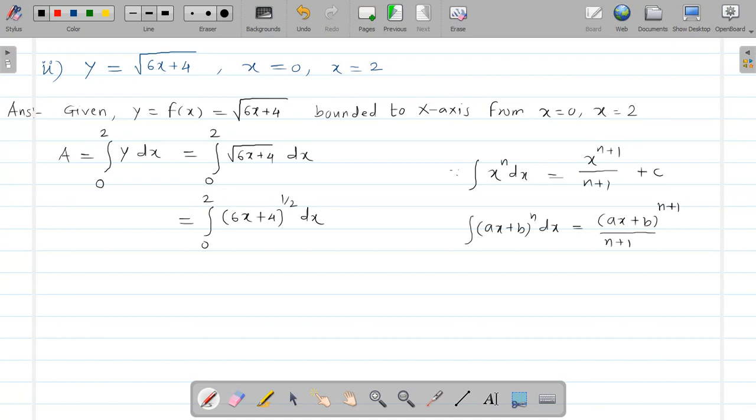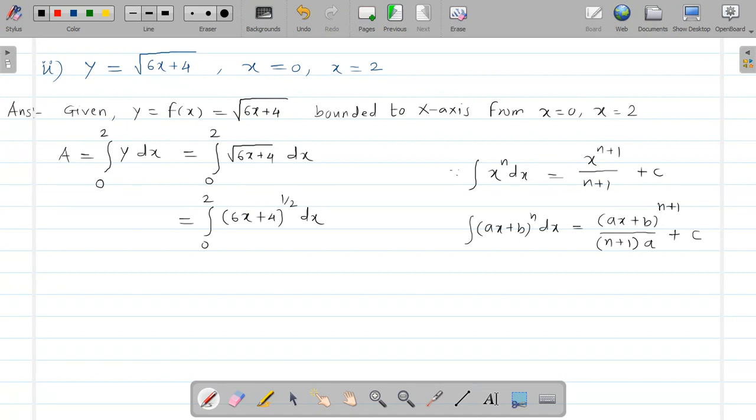Then what to do here? We have to divide by the derivative of ax plus b. Here the derivative of ax plus b will be a. So we have to divide this ax plus b raised to n plus 1 upon n plus 1 into a. Means we have to divide by a also.